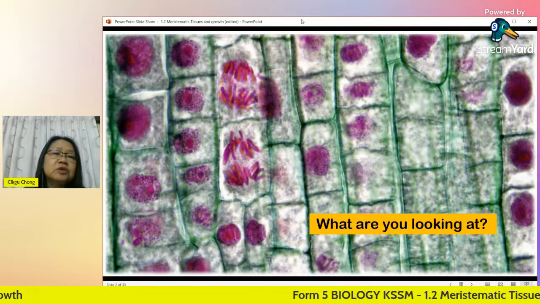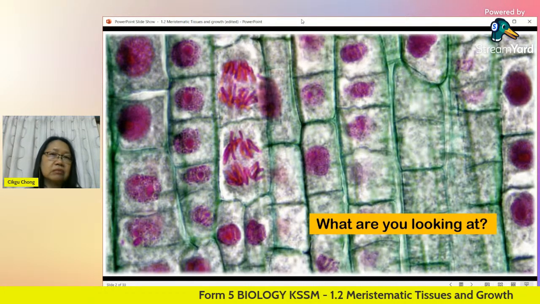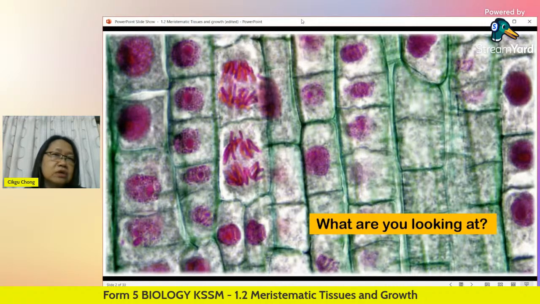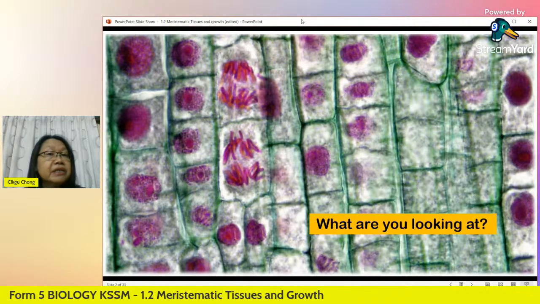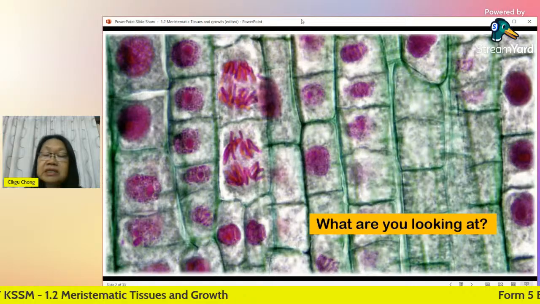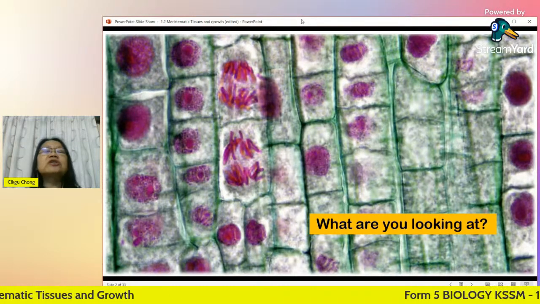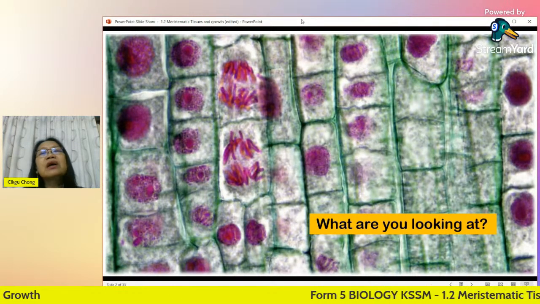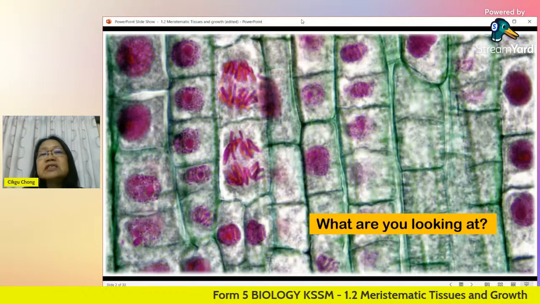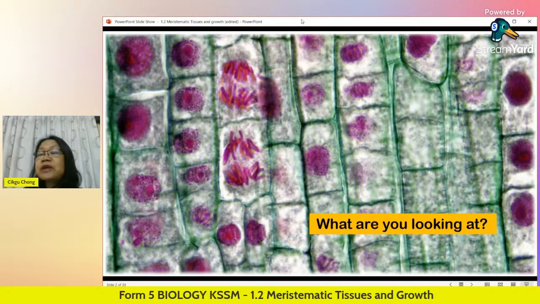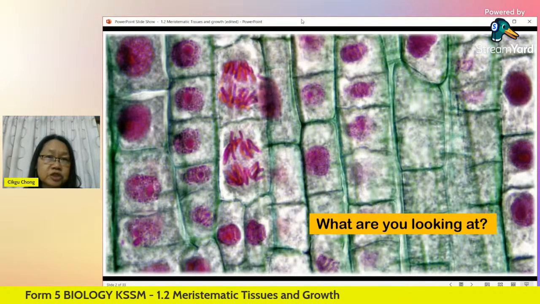You must be wondering why we are talking about mitosis, whereas our class today is on meristematic tissues. Actually, meristematic tissues are tissues undergoing different stages of mitosis, so they are carrying out cell division.